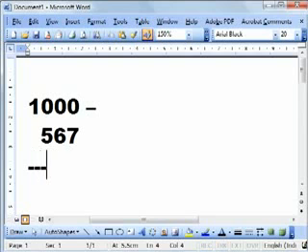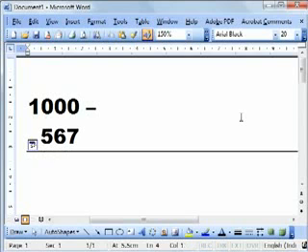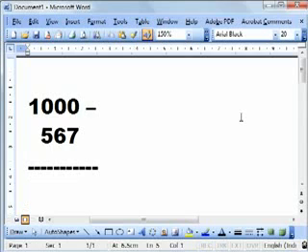So all from 9 and last from 10. So I need to subtract 5 from 9, so it gives us 4, and 6 from 9, 3, and 7 from 10, so that is also 3.